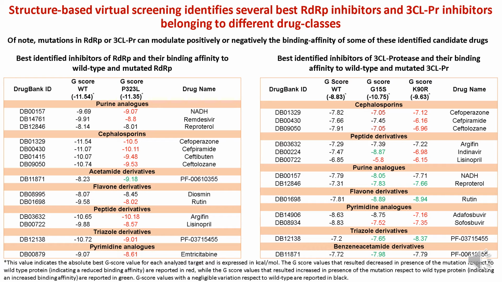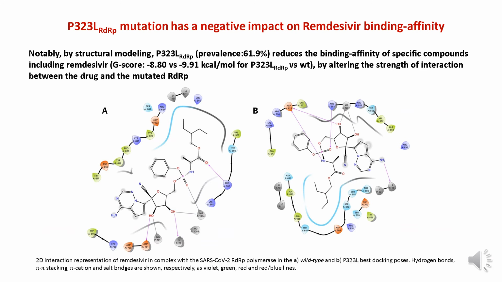Interestingly, compared to the wild type, the analyzed mutations can determine either an increased binding affinity of a specific drug, suggesting a potential viral hypersusceptibility, or a decreased binding affinity, suggesting a potential involvement in drug resistance. Notably, the polymerase mutation at position 323 reduces the binding affinity of remdesivir compared to the wild type.